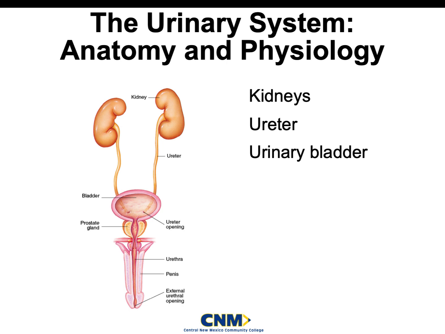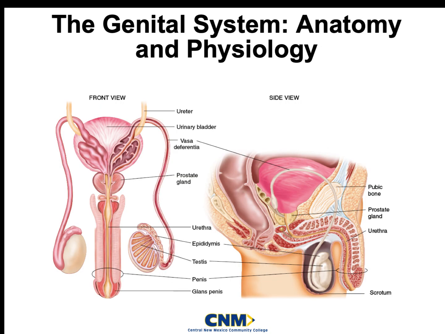And really, all the urinary system does is control our fluid balances in our body, specifically our kidneys. It helps control our salt and potassium. It filters and eliminates waste, specifically lactic acid, not necessarily carbon dioxide, but now we're talking about lactic acid. And then it helps control our homeostasis, or our acid-base balance.